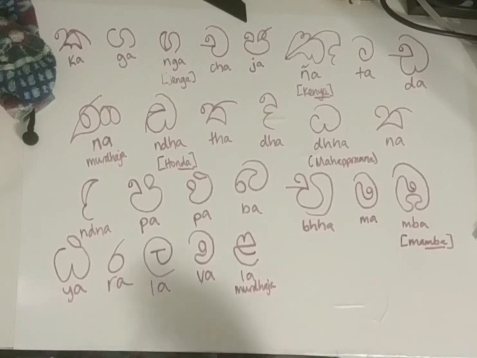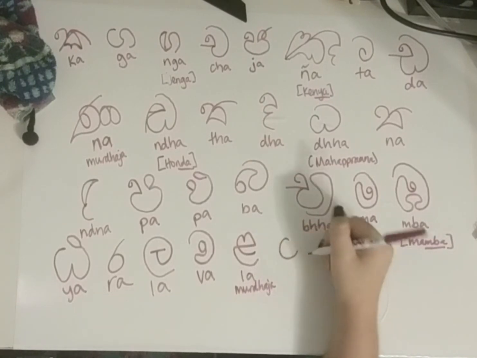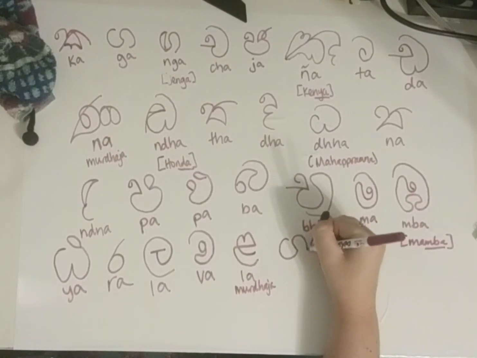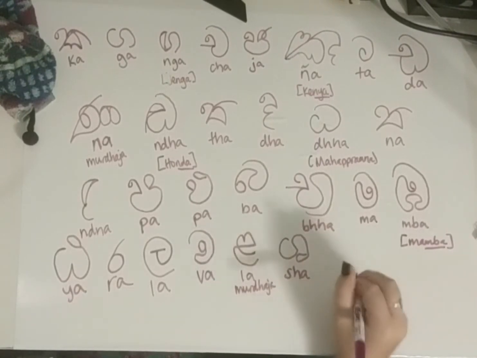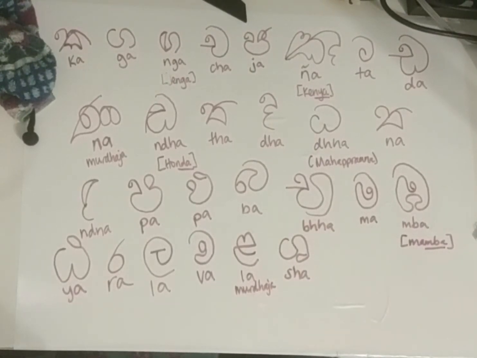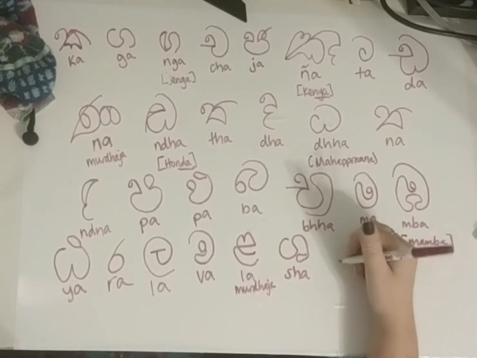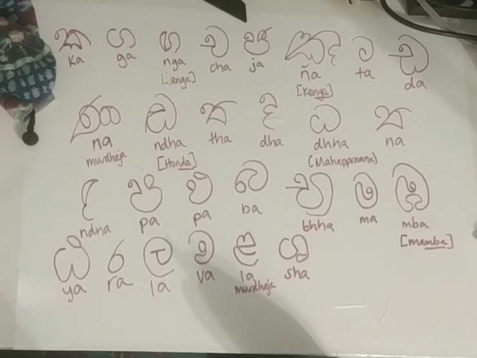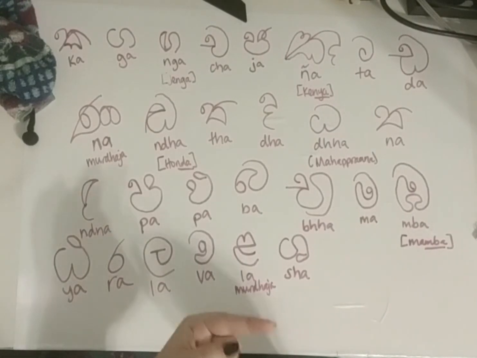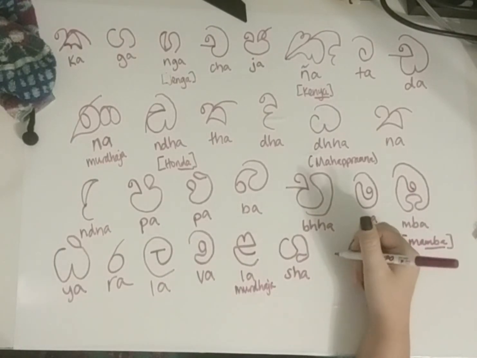Okay, we have some S sounds. So this is a sha. And we have another sha, which is really complicated to write. I just realized my marker's flat from all the practice I've done with it. Anyway.